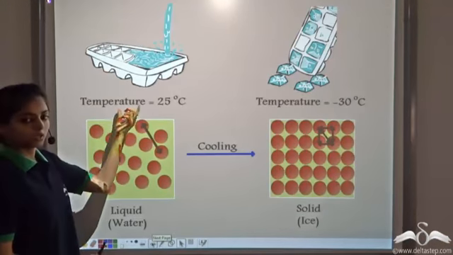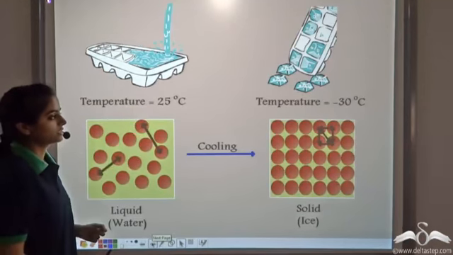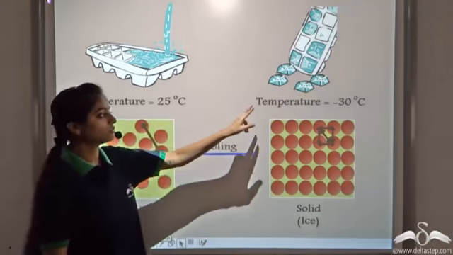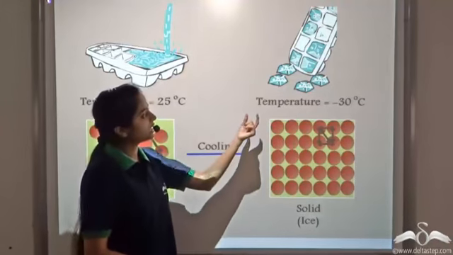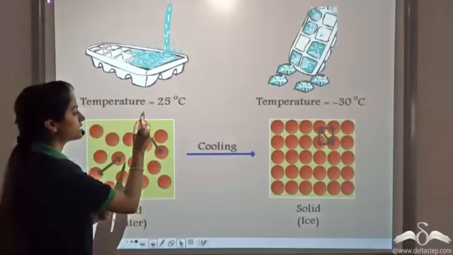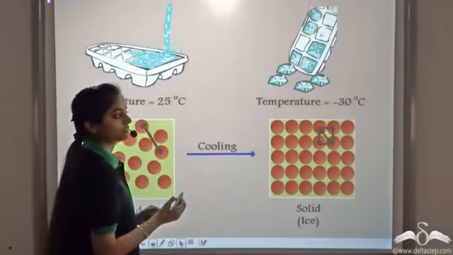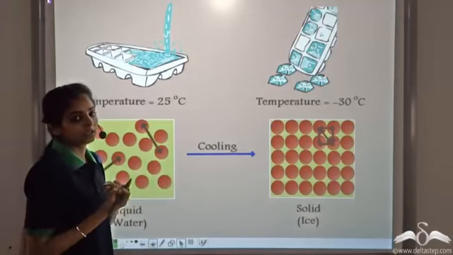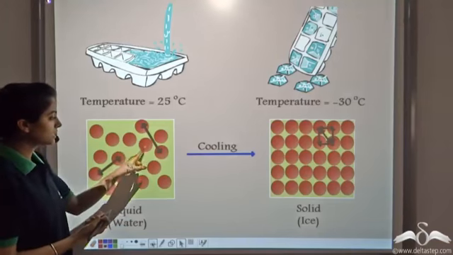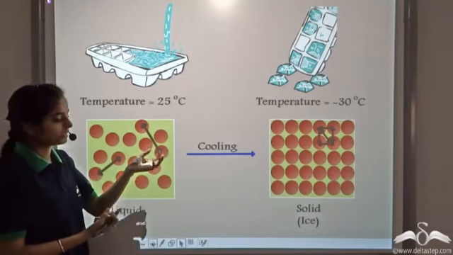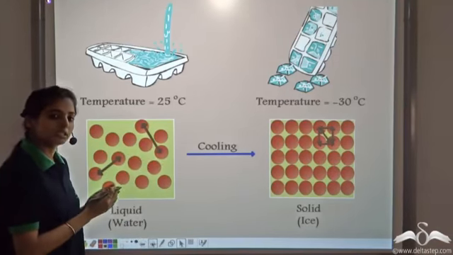So we have water at room temperature, say at 25 degrees Celsius. It's kept in the freezer, which is at minus 30 degrees Celsius, and we get ice. So you see there's a decrease in temperature. That is, we are extracting heat from the particles. So as heat energy is removed from the particles, their kinetic energy decreases.